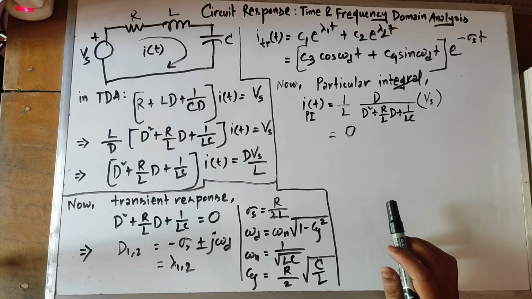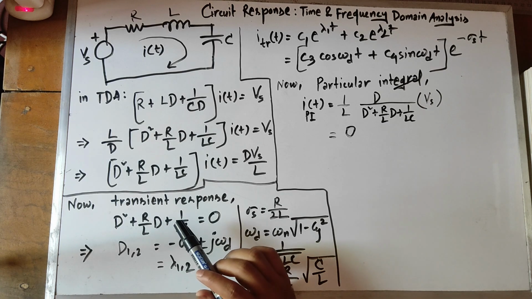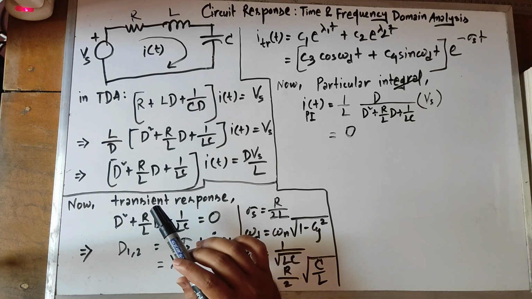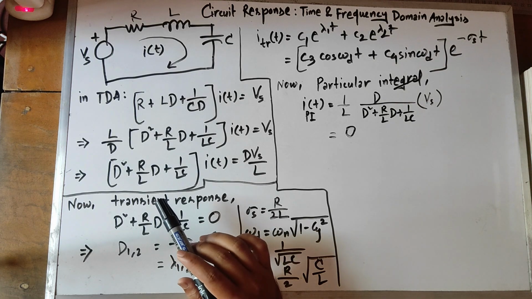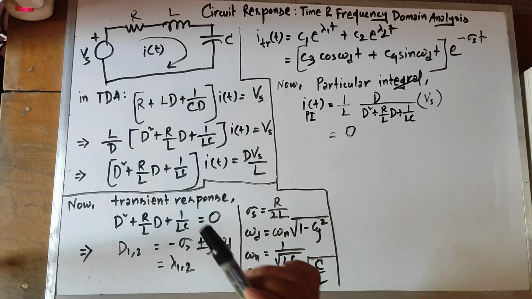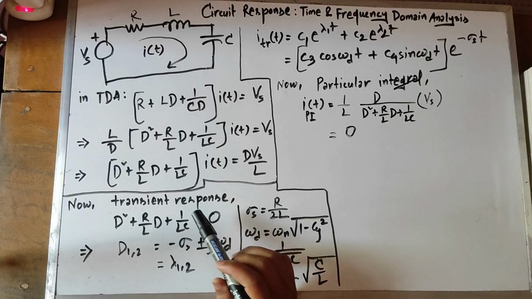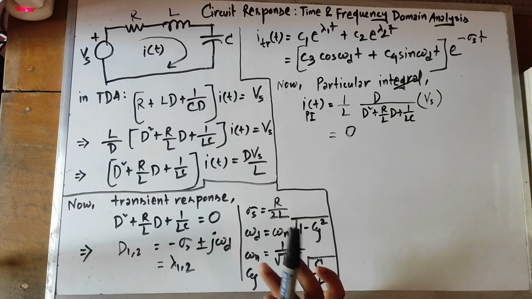The complementary solution can be easily found by solving the characteristic equation of the differential equation. So the characteristic equation is this part: D square plus R by L D plus 1 by LC equals 0.